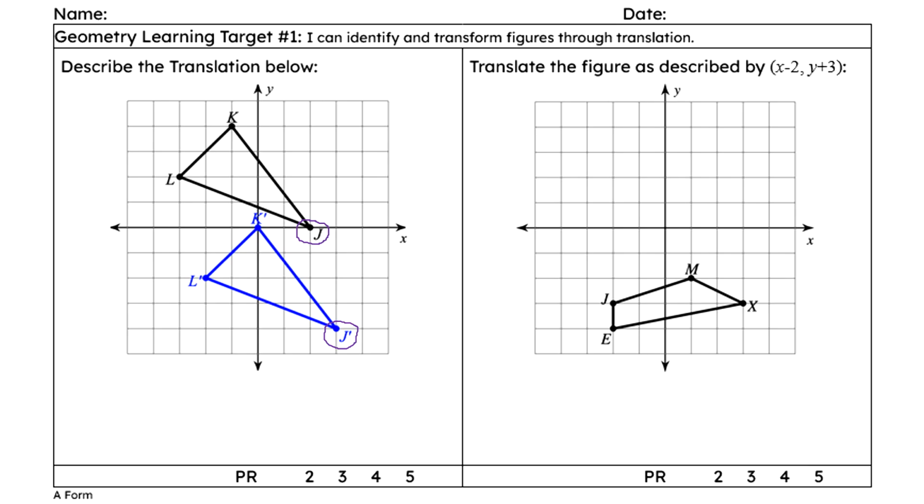So let's describe first if it went forwards or backwards along the x, right or left. So this point went forward 1, so that's +1 along the x. And then it went down along the y, and that would be negative. So it went down to J prime.